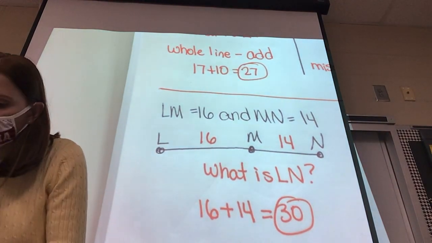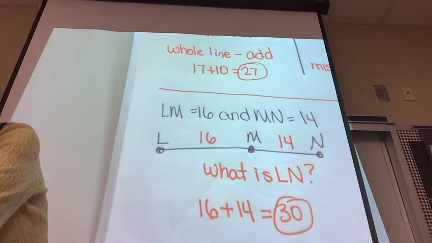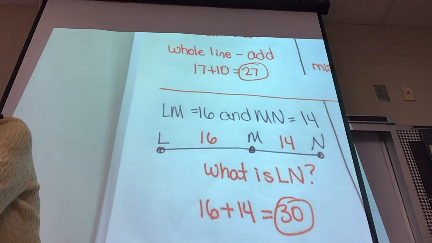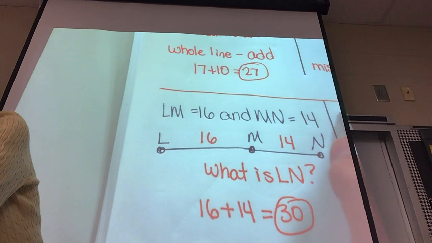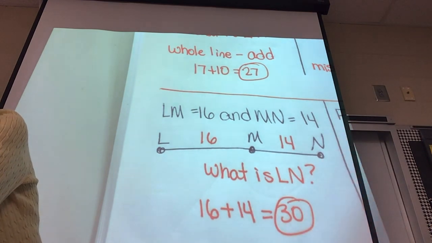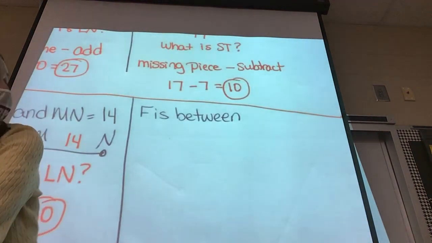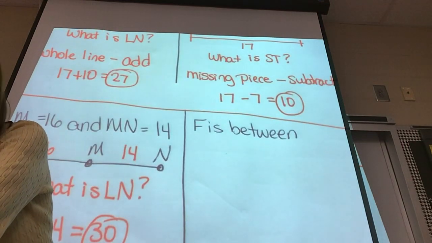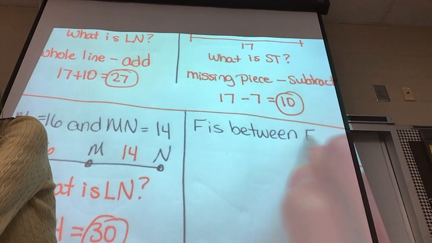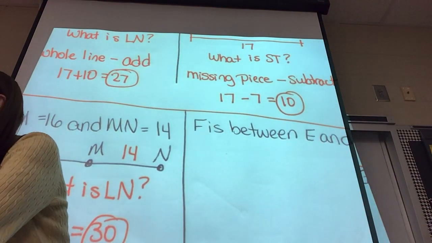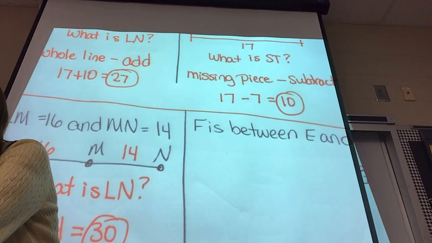So let's try one with a decimal here. So let's say this time, I've got F is between E and G. Now at some point they're going to stop drawing the pictures for you, and they're going to make you have to draw them.